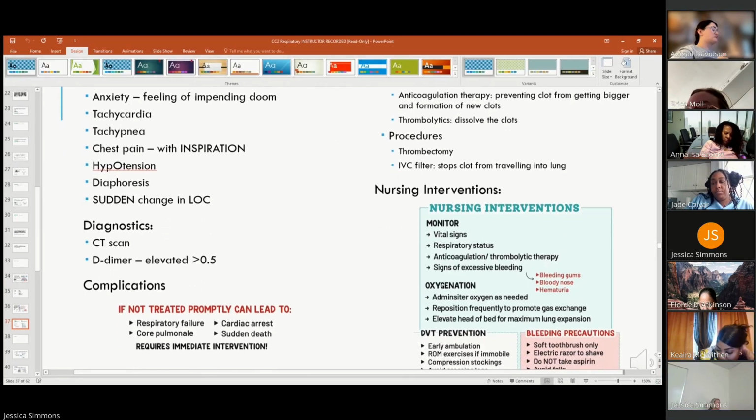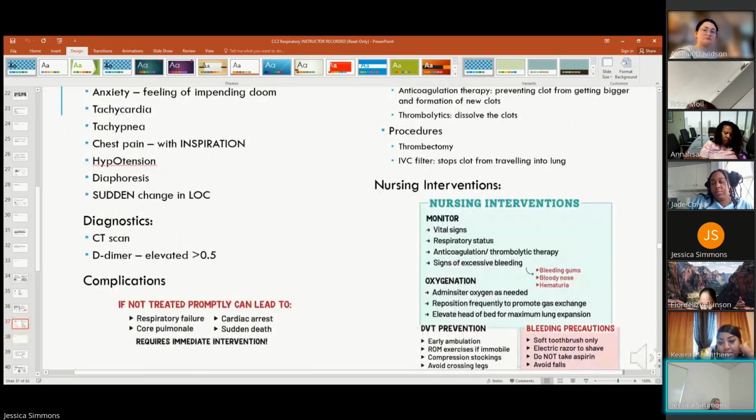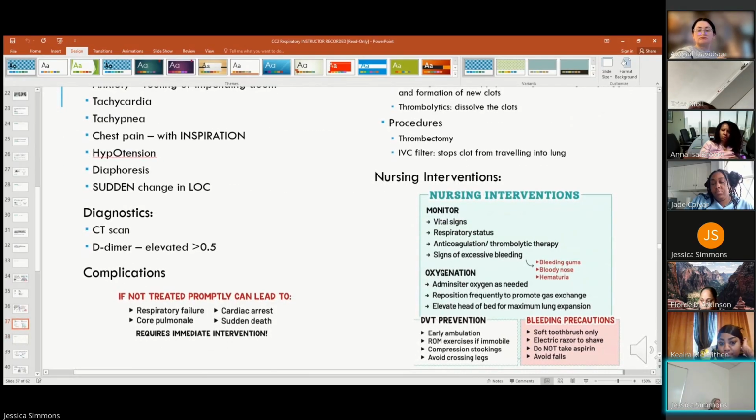Nursing interventions include vital signs, assessing the respiratory status, anticoagulation, thrombolytic therapy. Especially if your patient is on anticoagulant, we would always be looking for signs of excessive bleeding: bleeding gums, bloody nose, hematuria. What are the other signs of bleeding?